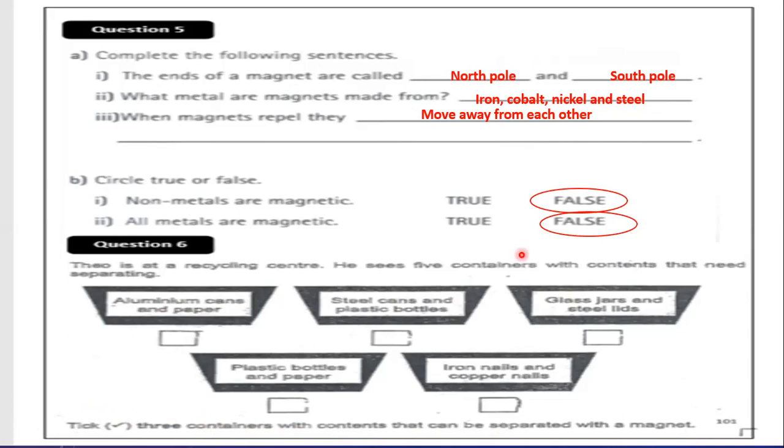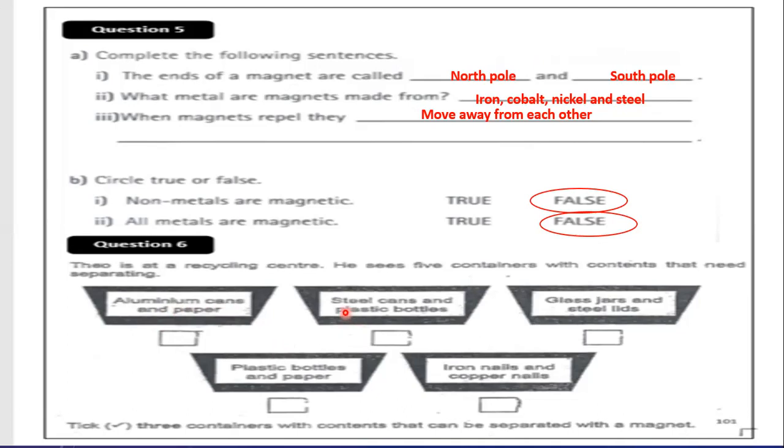So some of those piles have magnetic materials that could be separated from the other material using, of course, a magnet. So let's start with the first one, aluminum cans and paper. Now, aluminum cans are metals, but it's not a magnetic metal. So it's not going to be affected by the magnet. So this is definitely not going to be one of the piles that will be separated using a magnet.